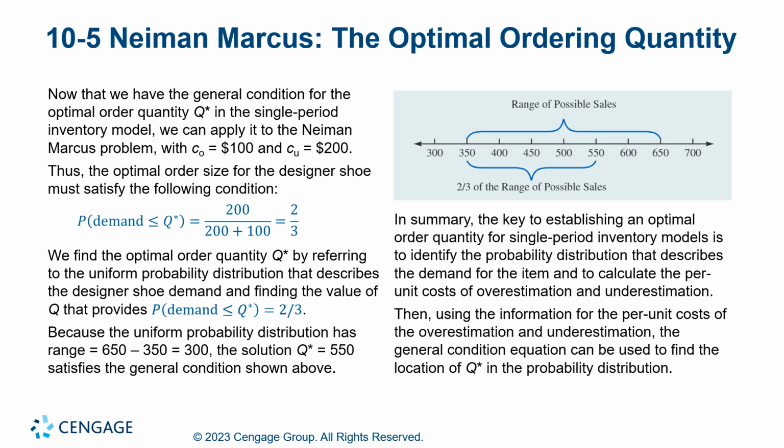This range is 650 minus 350, so the range is 300. So we move 200 units from 350 toward 650. So this is 2/3 of the range of the possible sales. And in doing so, it provides the optimal order quantity of 550 pairs of shoes.